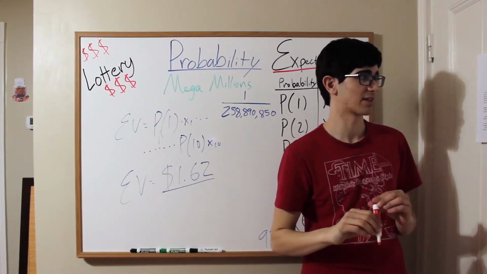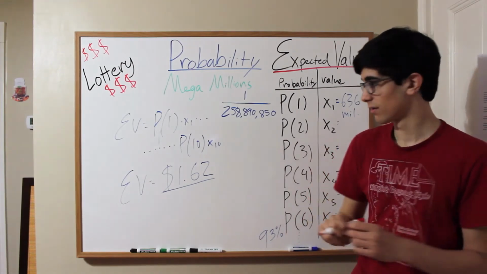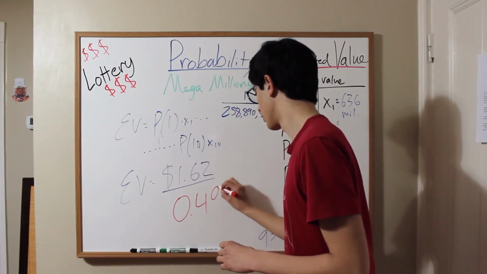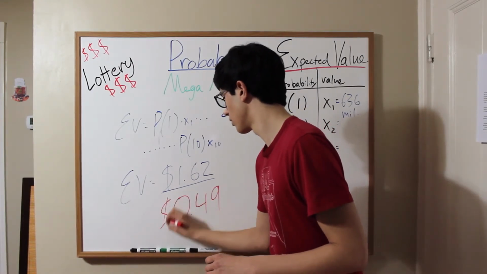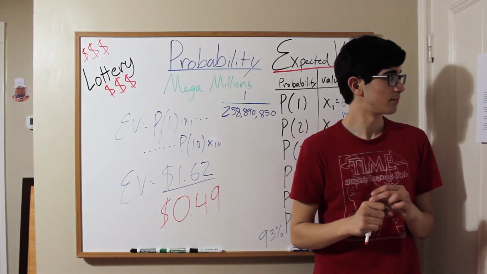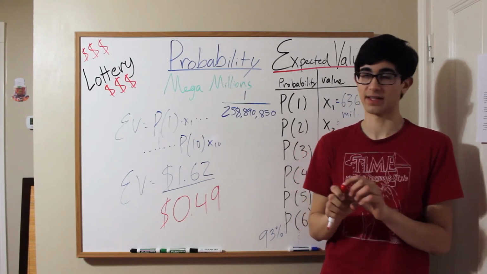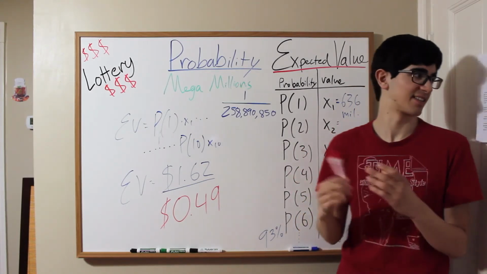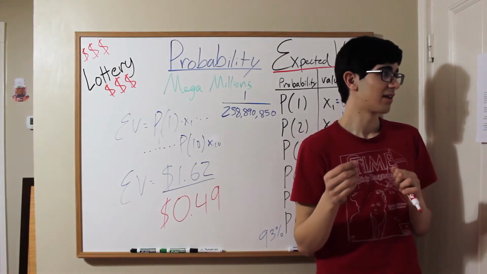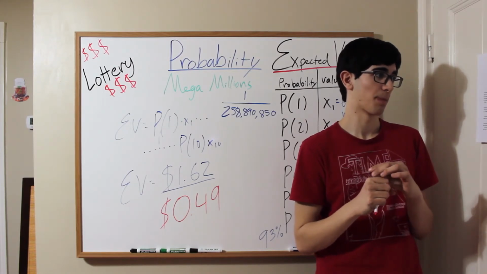In fact, your expected earnings goes down to about $0.49. So, instead of the Mega Millions value at 636 million, it shows here you would get about 341 million, and the expected value is only 49 cents.